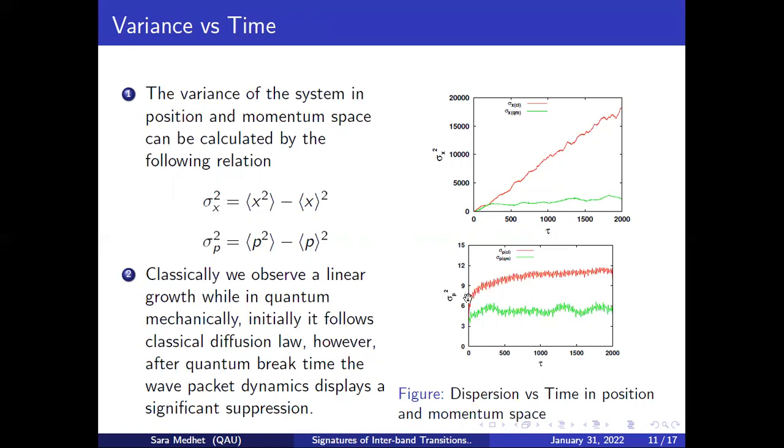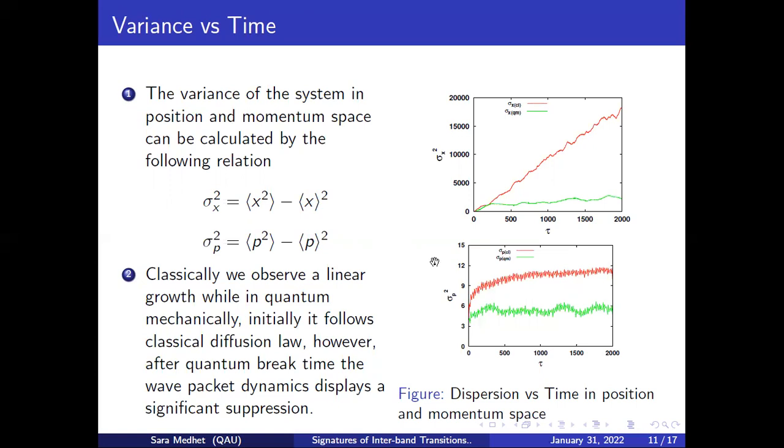Now, similar is the case in momentum space. You can see classically it's increasing, while quantum mechanically it's dispersed, it's suppressed. This classical-quantum contrast in position and momentum space leads to dynamical localization.